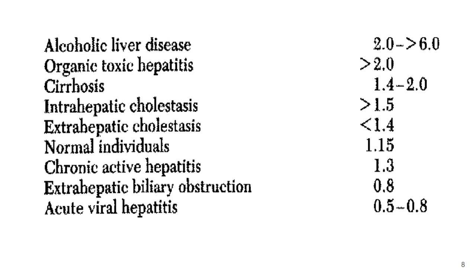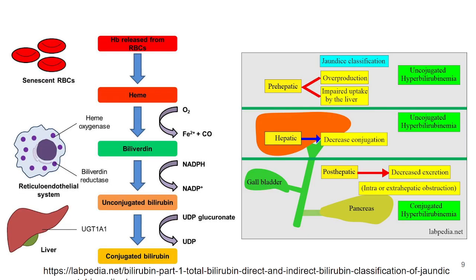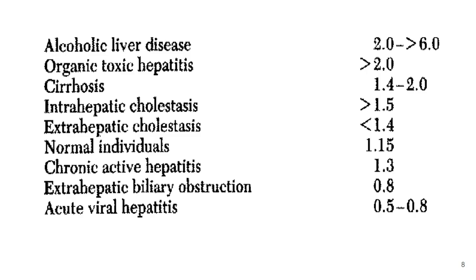Of course, normal, as we have told earlier, is 1.15. In chronic active hepatitis, the ratio is 1.3, in extrahepatic biliary obstruction it's 0.8, and in acute viral hepatitis the ratio is 0.5 to 0.8. These ratios of SGOT and SGPT are also one of the important issues.